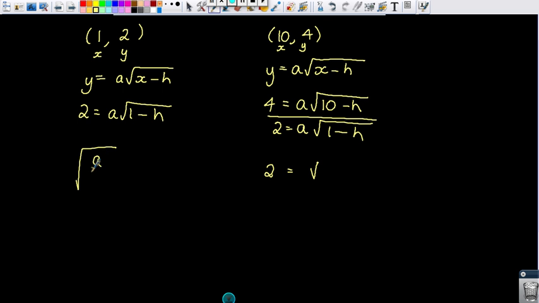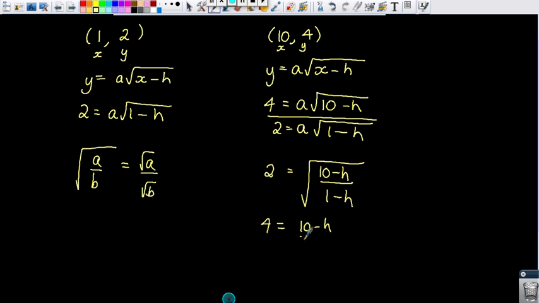When you've got root a on b, that is the same as root a over b. So we can make it all in one: root of 10 take h over 1 take h. Now to get rid of this square root, we square it. So we end up with 4 equals 10 take h over 1 minus h, and you can now cross multiply and solve.